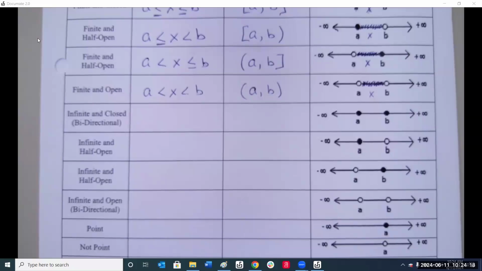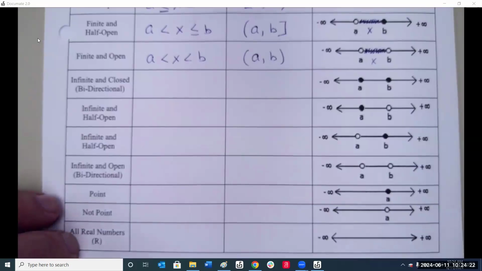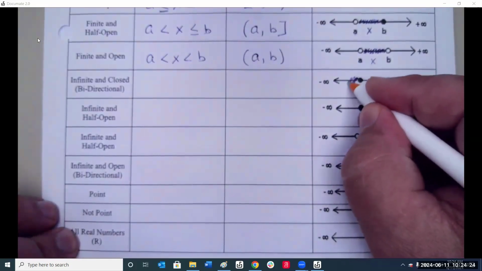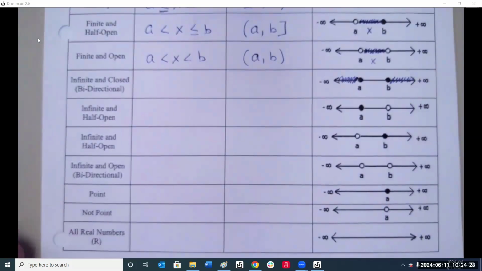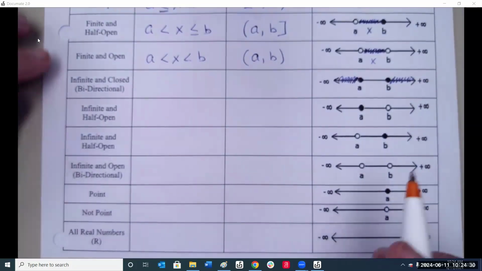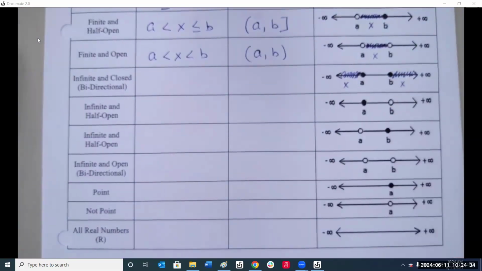Make sense so far? Now we're going the opposite directions. Remember, these are my x's. Here, since we're going opposite directions, we have two possibilities.